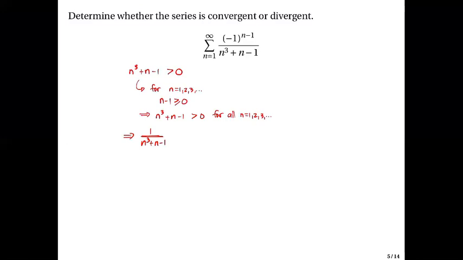This is greater than 0 for all n equals 1, 2, 3, etc. Which means that the series sum of -1 raised to n minus 1 over n cubed plus n minus 1, from 1 up to plus infinity, this one is an alternating series.